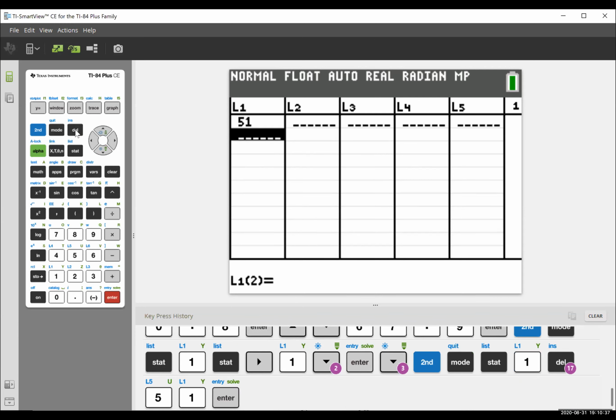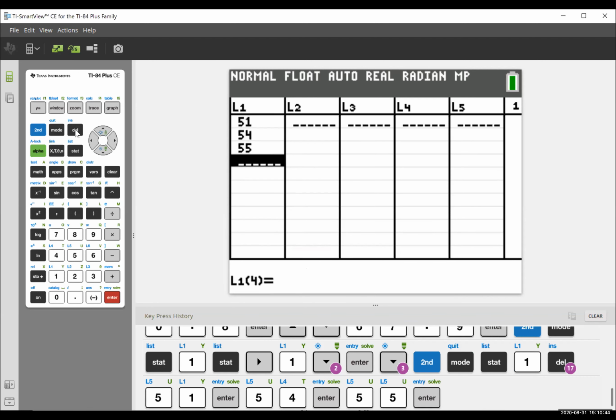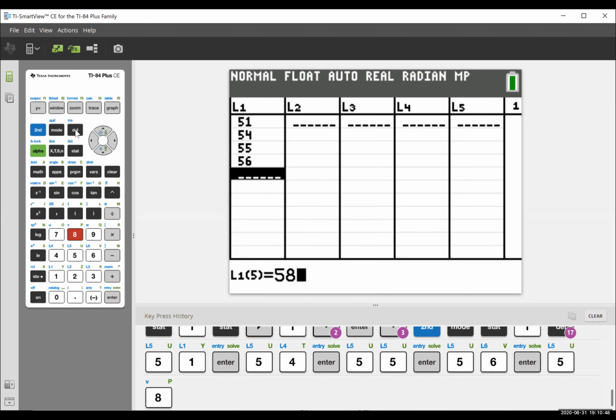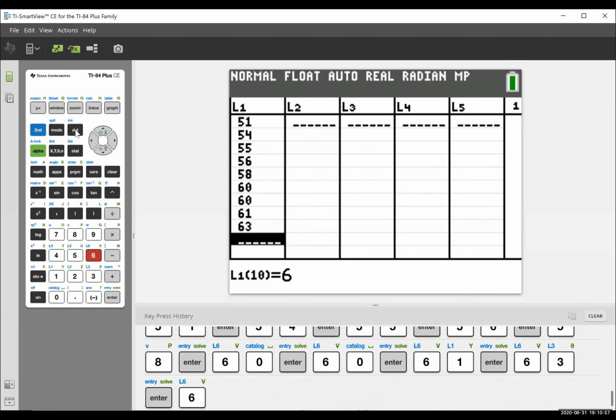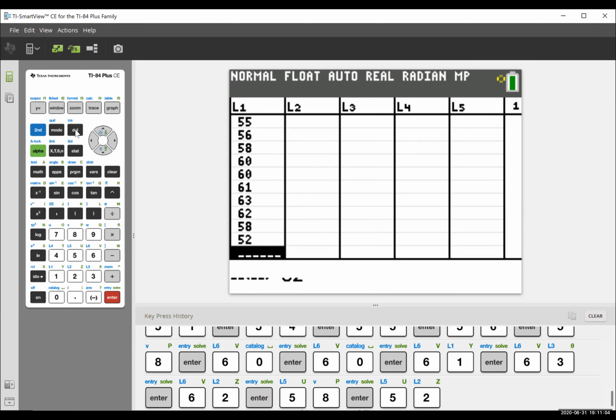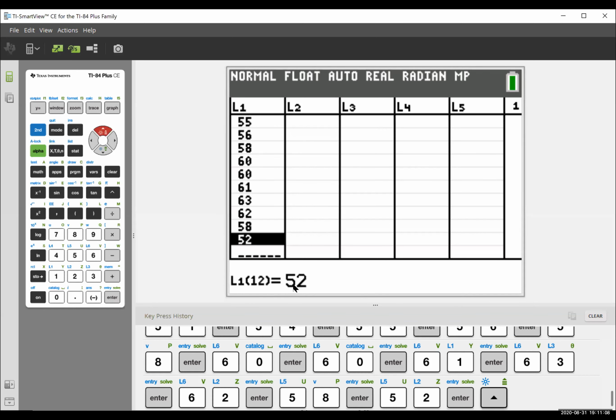So enter the data, those 12: 51, 54, 55, 56, 58, 60, 60, 61, 63, 62, 58, and 52. So L1 12, meaning that's your last number, that's the 12th number.